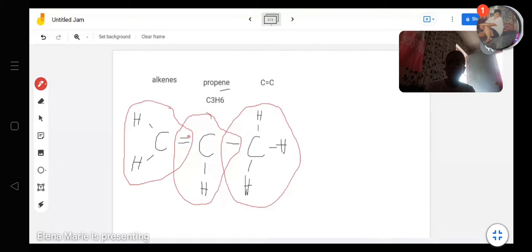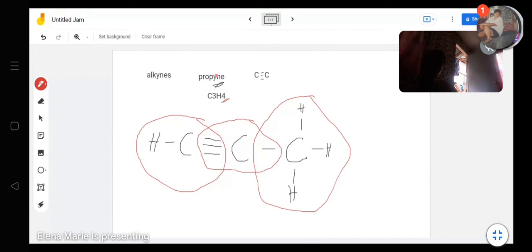In here, these 2 bonds can actually welcome an addition. So you can add 1 hydrogen here and another hydrogen here to break the double bond. That's why we call it unsaturated.